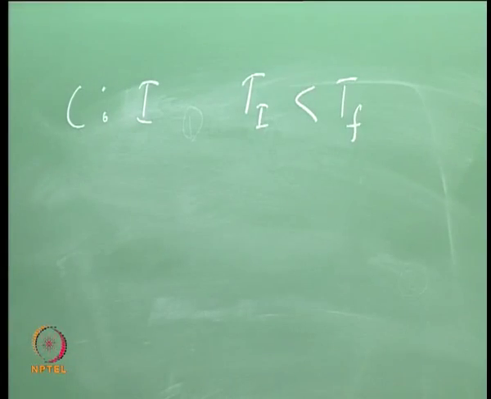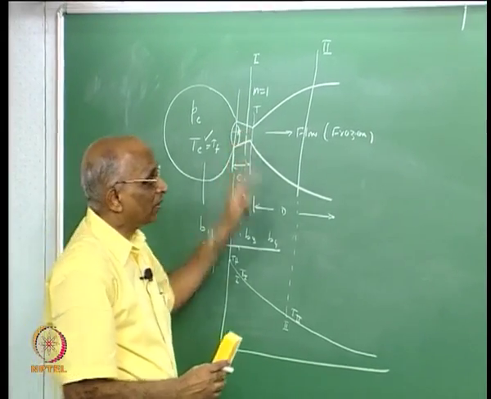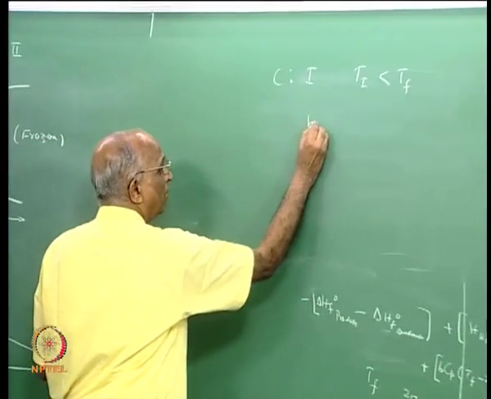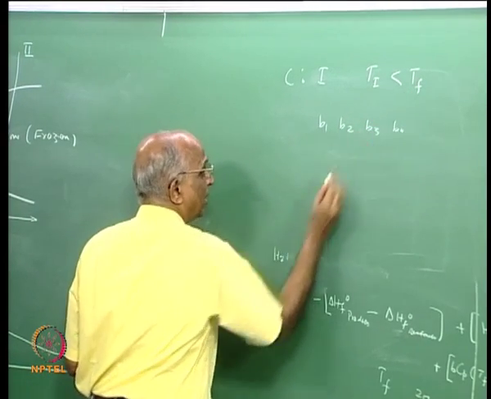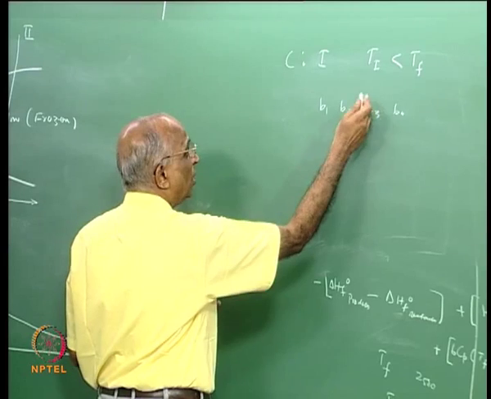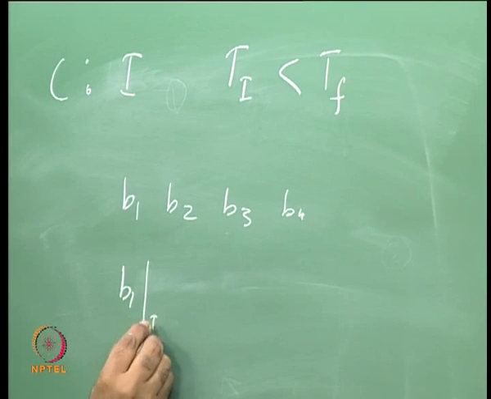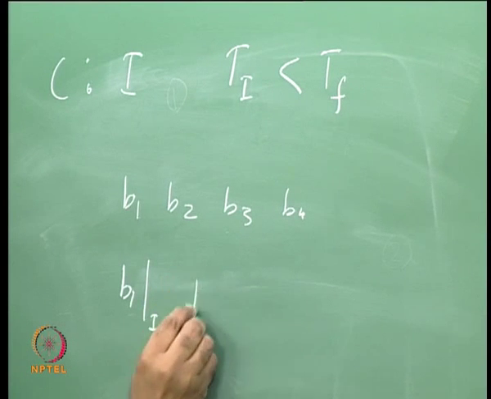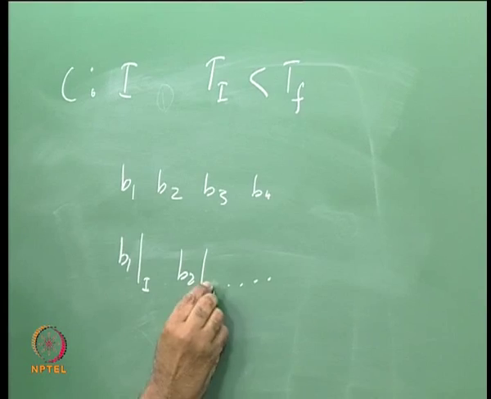If the products are going to be in equilibrium at this section 1, the proportions will not be B1, B2, B3 and B4 as we calculated at Tf, but since it is cooler perhaps the composition will be different. It will be B1 corresponding to the new value of T1, similarly B2 corresponding to the new temperature, and so on.